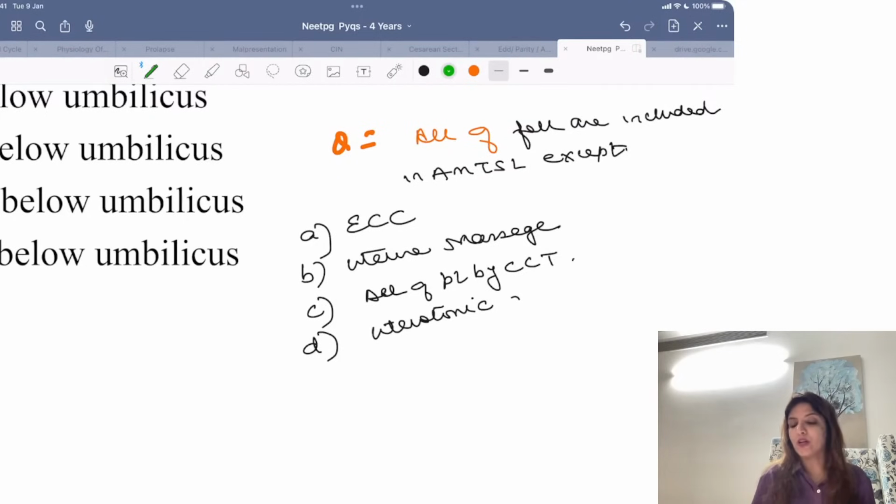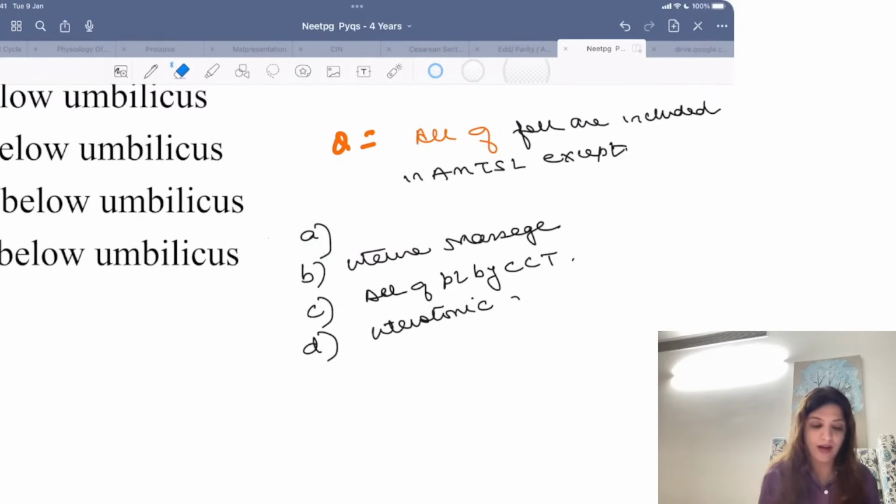So whenever you get a question like this in except, you are going to mark the answer as early cord clamping, because early cord clamping is never a part of AMTSL. At least uterine massage was earlier a part of AMTSL. Now suppose instead of this option, now you have options like these.